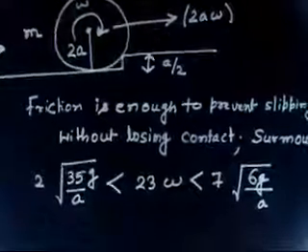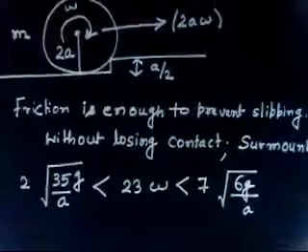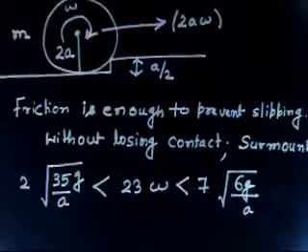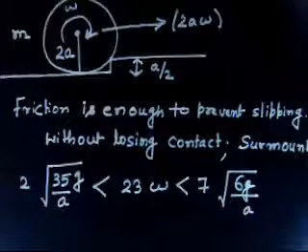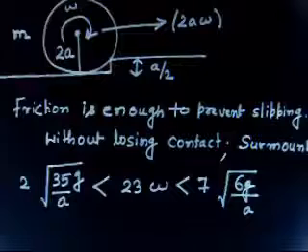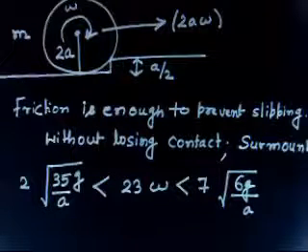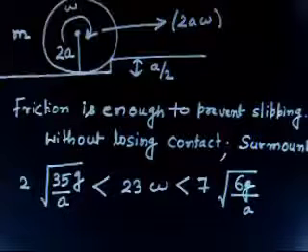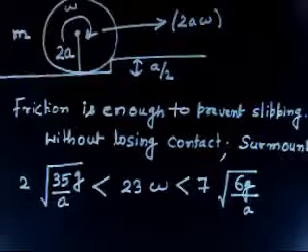So this is the required condition so that it can surmount the step without losing contact. So there are two conditions we have. This system remains in pure rolling before the jump and after the jump, and also it does not lose contact at any point of time.